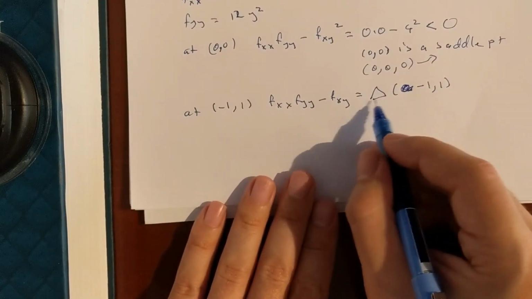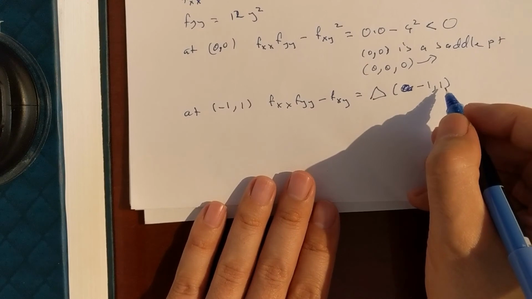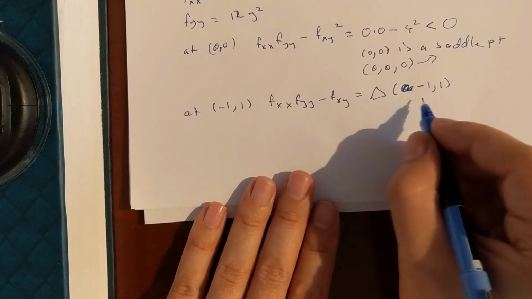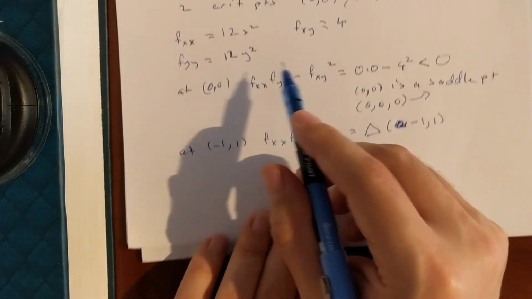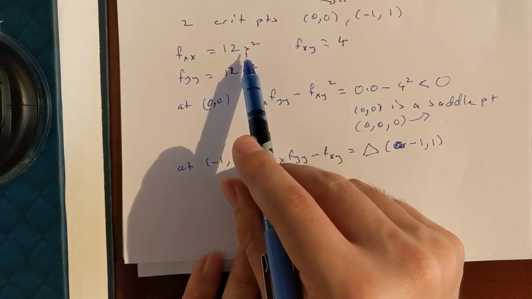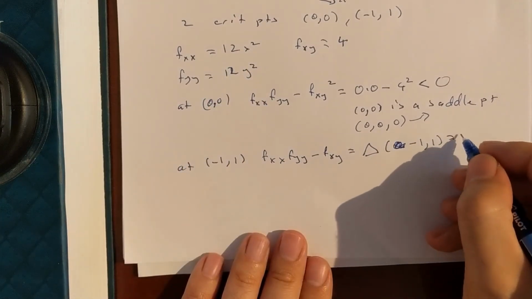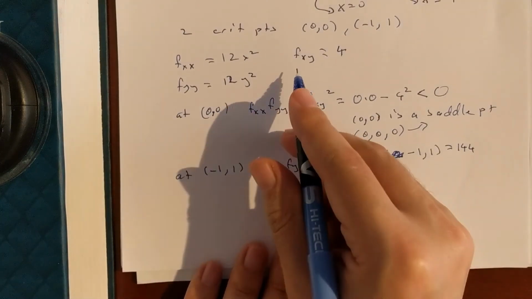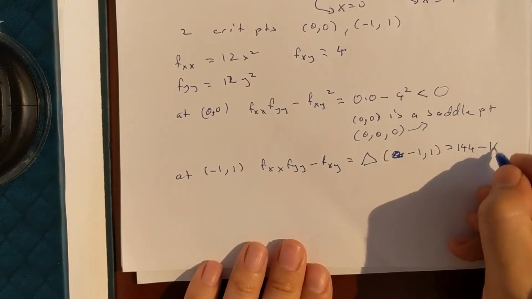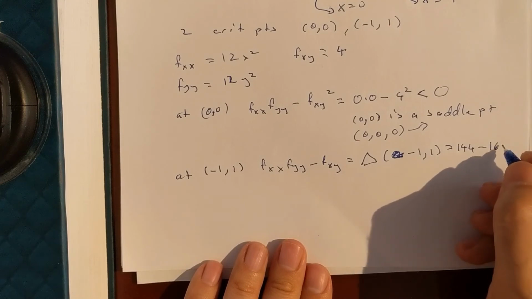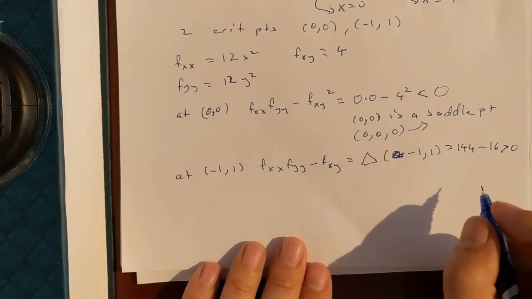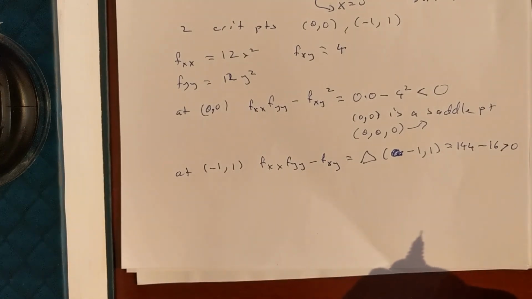So you can always use this discriminant sign. Write the delta at minus 1, 1. Here, let's look at it. Let's plug in minus 1. We're going to get 12. Let's plug in plus 1. We're going to get 12. So 144 minus, well, this is 16. This is, right, greater than 0, certainly. It's 128. So it's greater than 0.